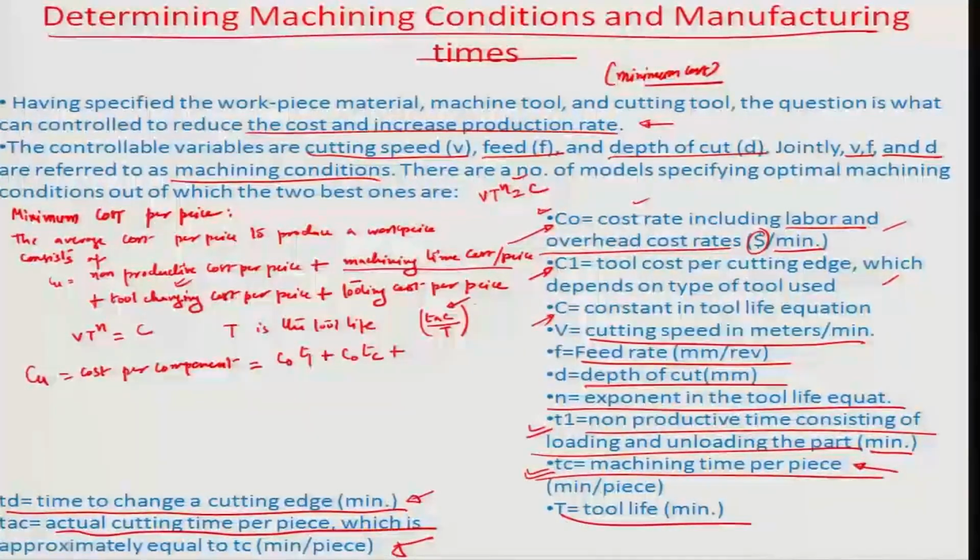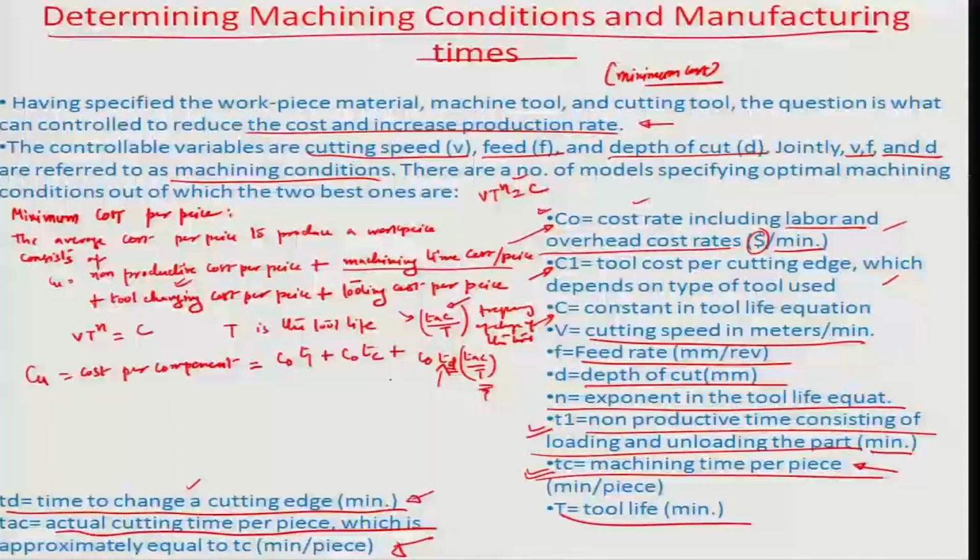So, really the TAC by T would be the frequency of change of the tool, and so that many number of times, you have to spend the time to change cutting tool in each case, and the total such time spent would be equal to Td times TAC by T, where Td is the time per cycle of change, and TAC by T is the cycle frequency of the change per se, and during that time you are again spending the labor and overhead costs. So, I just multiply this with C0.